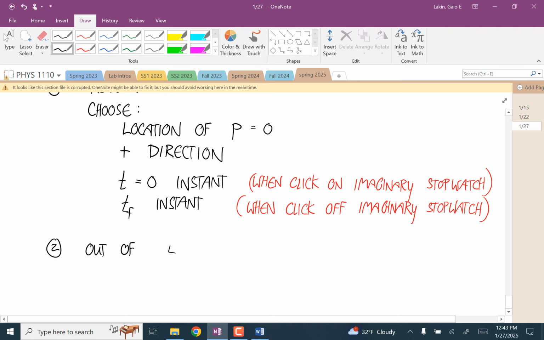So out of time final, acceleration, P initial, P final, V initial, and V final, figure out which one you're trying to solve and which ones you know, okay? So which ones you know, which one you're trying to solve.